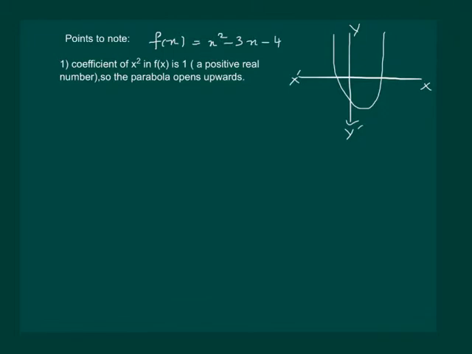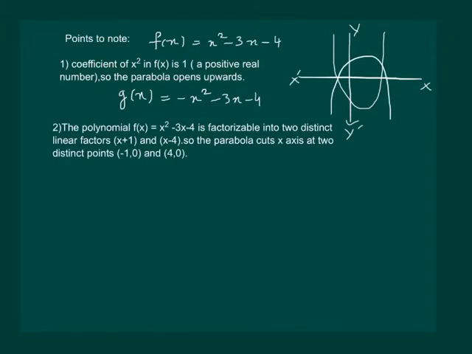Here the coefficient of x square is 1, which is a positive real number, so the parabola is opening upwards. Suppose the coefficient of x square was negative, then the parabola would open downwards.